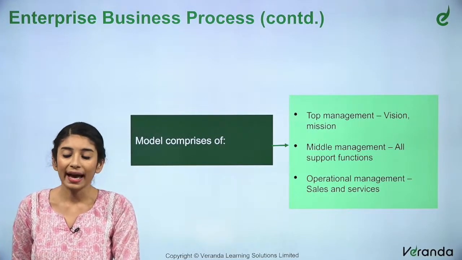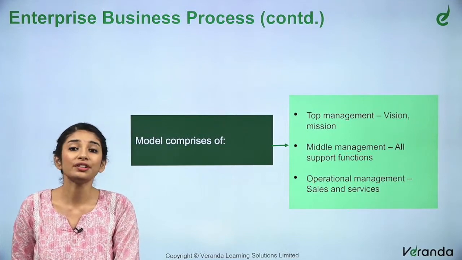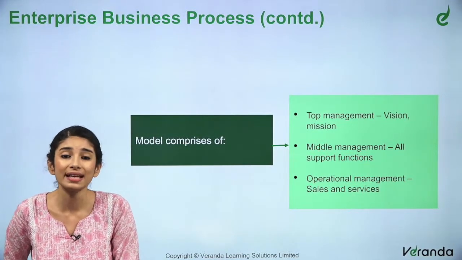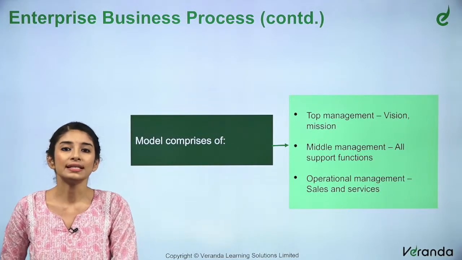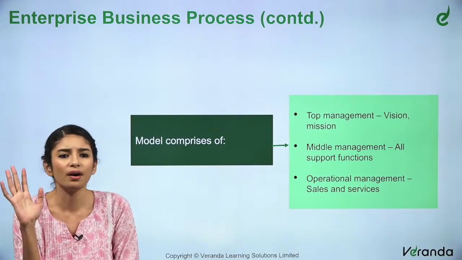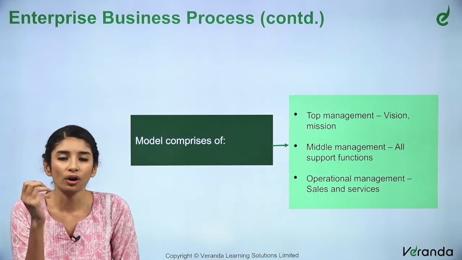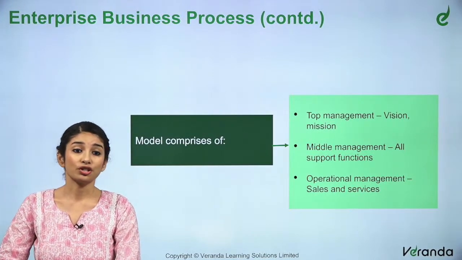Question number 2, categories of BPM. Now, categories of BPM, OSM, Operational Support Management. Operational level. Let us take any organization, any new age organization for that matter. Let it be a very sophisticated fruit and vegetable shop.